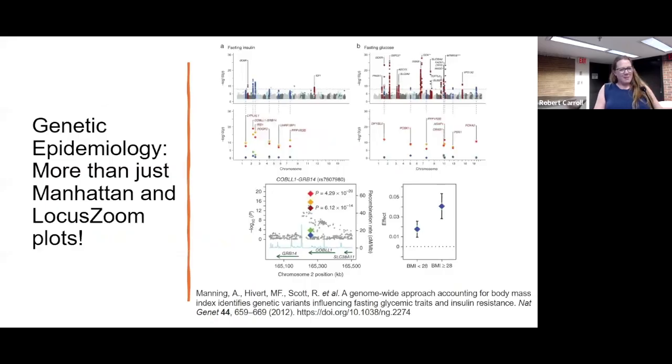So genetic epidemiology is more than just looking at Manhattan plots of phenome-wide association studies and regional plots plotted with the LocusZoom tool. I'm putting up here some figures from one of the papers I did at the end of my graduate studies, where we were studying glycemic traits, so fasting glucose or fasting insulin levels, in human population cohorts.